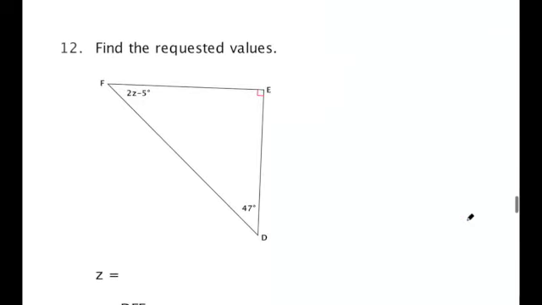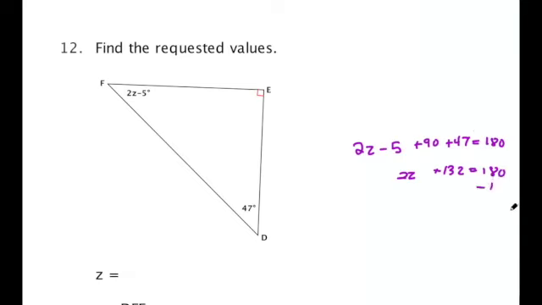This gets a little bit trickier, but you still know that they add up to 180. So 2z minus 5 plus 90 plus 47 equals 180. That means 90 and 47 is 137, minus 5 is 132, so 2z plus 132 equals 180.